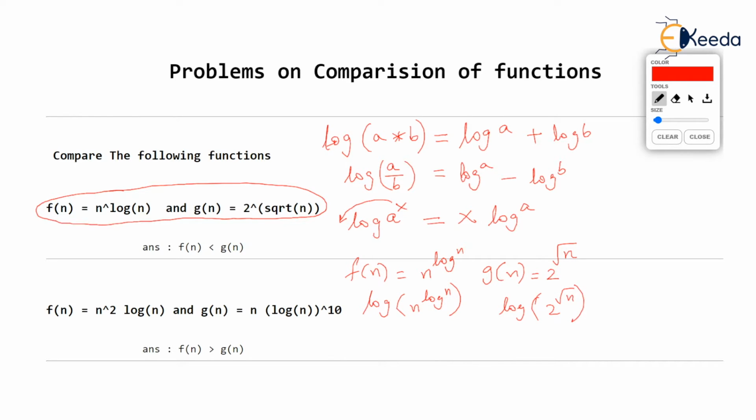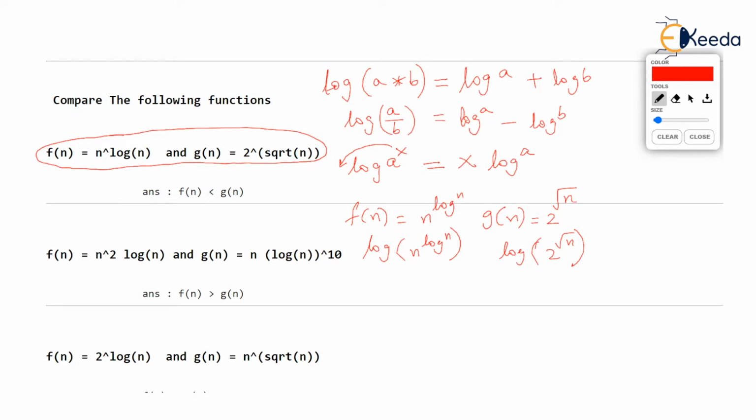Now you just check that this, which I am underlining, is log of n raised to log n. So we can use this third property. I'll number the properties first, second and third. We can use this property, log of a raised to x is nothing but x into log of a.